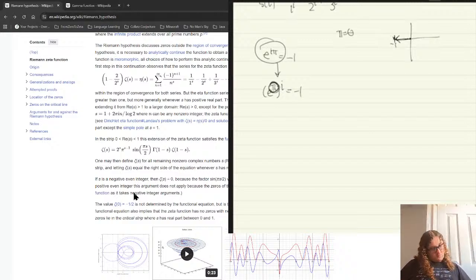But if we change pi to log 2, so e to the log 2 to the I, well, that would equal 2 to the I, and log 2 is going to be less than 1.